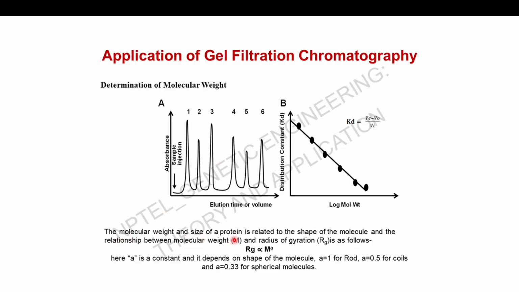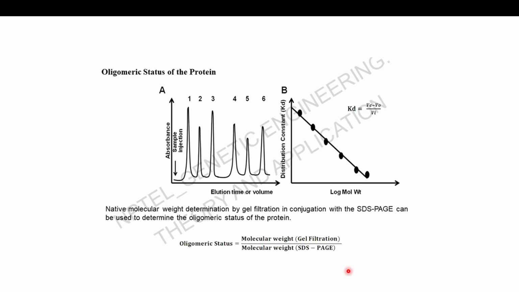And the molecular weight and size of a protein is related to the shape of the molecule. The radius of gyration is directly proportional to the molecular weight raised to the power of a particular constant, and this constant varies depending on the shape of the molecule. So it can have different values for a rod shaped molecule, for spherical molecules, etc.